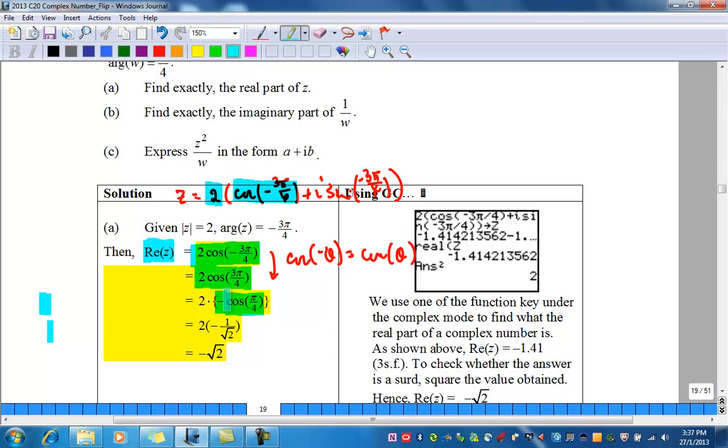And cos pi over 4 has the value 1 over root 2, and we can simplify as negative 2 over root 2, and when we rationalize it, you get minus root 2.